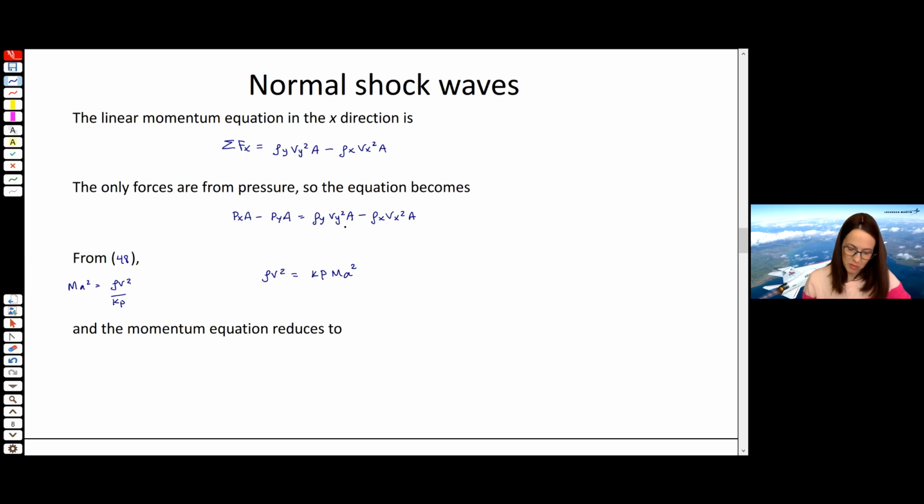I'm just rewriting equation 48 now. Using this now together with the momentum equation, we get Px times 1 plus k Mach number upstream squared equals Py times 1 plus k Mach number downstream squared, or rewriting this as a ratio of static pressures, ratio of downstream static pressure to upstream static pressure across a shock wave, we get this. And this is 11.58.